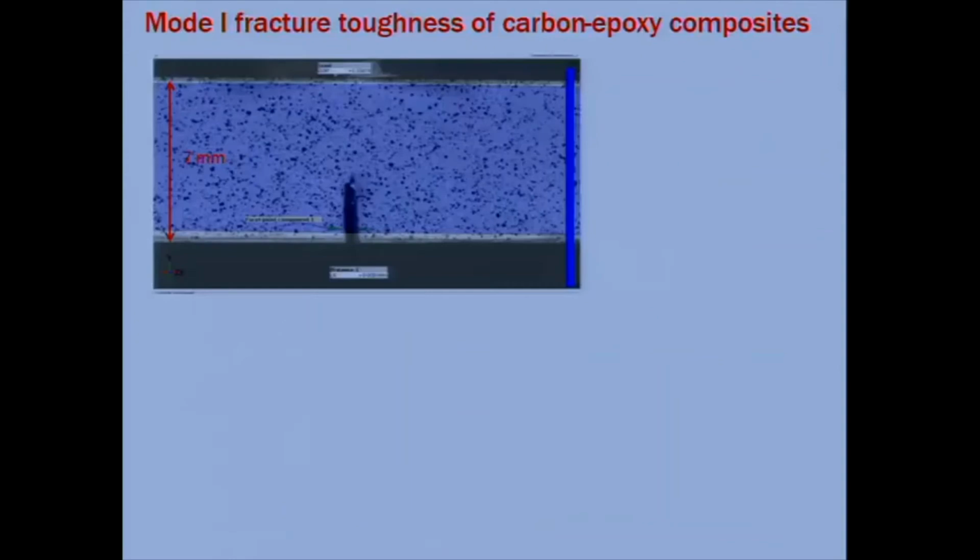And here I want to show you the actual test I did for carbon epoxy composite. So they are made of carbon epoxy composite. And I cut an initial notch here and sharpen it with a razor blade used to shave yourself for men, okay? And again, the reason I have some dots here is just for a camera to pick up the deformation, that is called digital image correlation.